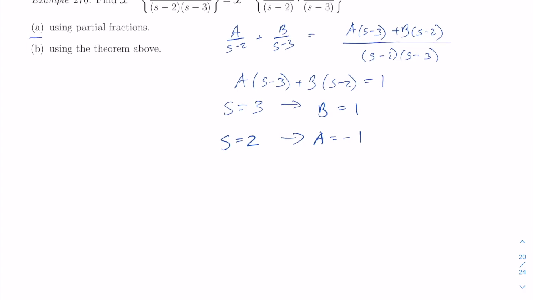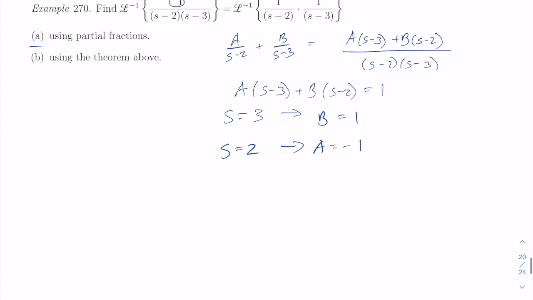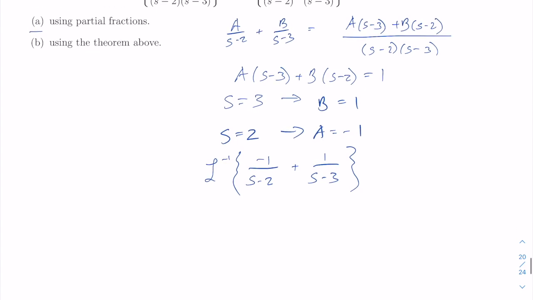And so I would need to find the inverse Laplace transform of negative 1 over s minus 2 plus 1 over s minus 3. Just consulting our Laplace transforms page, this is just negative e to the 2t plus e to the 3t. If that looks familiar, well, maybe you can see where we're going to go.